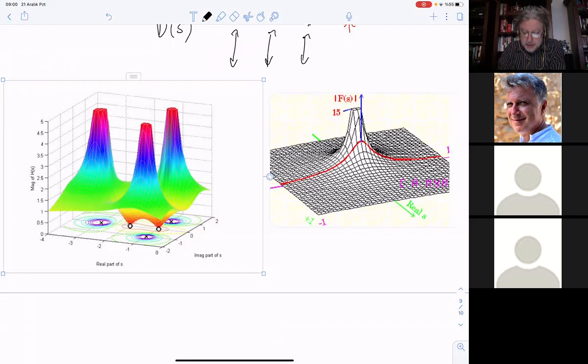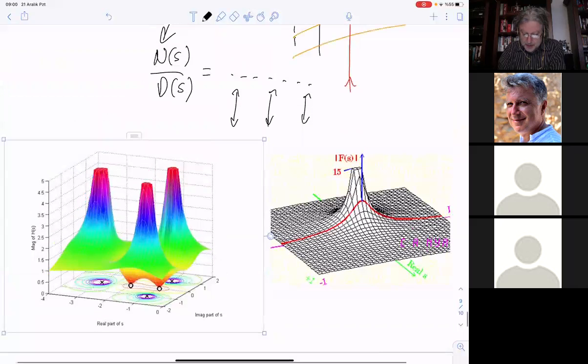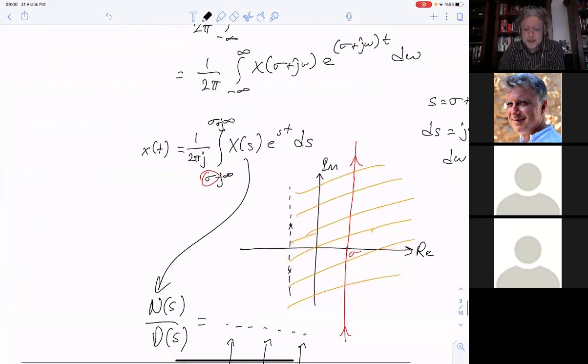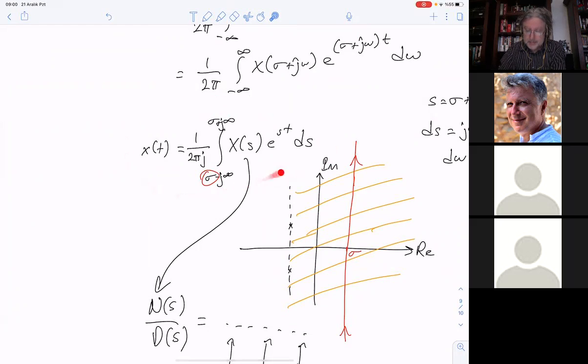If you may remember, I was saying that the inverse Laplace transform formula could be given like this, which is an awkward integral because it is a line integral along a vertical line at the point sigma, extending from minus j infinity to plus j infinity along the imaginary axis direction.